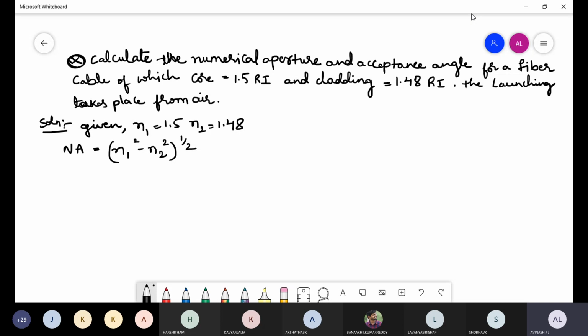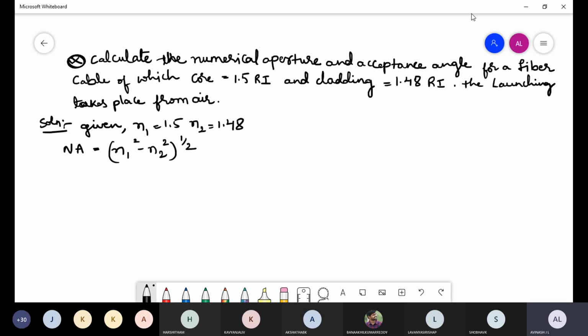Now here angle of incidence and angle of refraction are not required. Why? Because they asked us to find out the numerical aperture and acceptance angle. To find that, we want only the core refractive index and the cladding refractive index, N1 and N2. That's all.